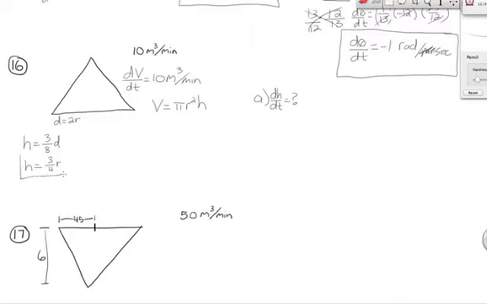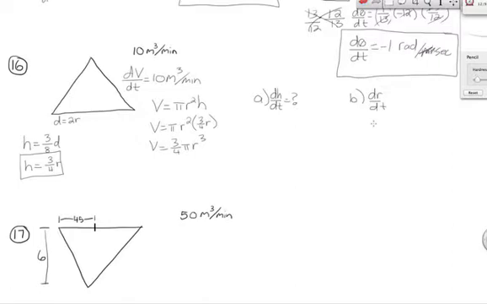With that information I can now convert and say volume equals pi r squared times 3/4 r, where volume equals 3/4 pi r cubed. And it occurs to me that I'm actually about to answer part B, because it wants to know about the radius. So this is going to be part B, finding dr/dt.